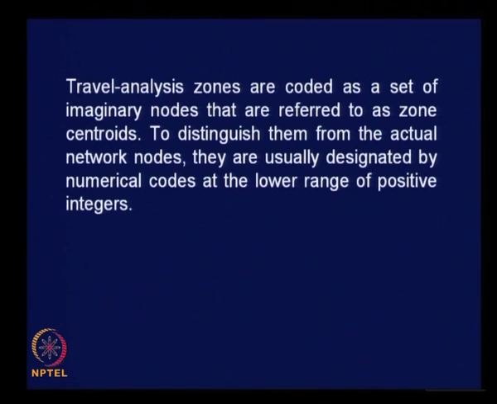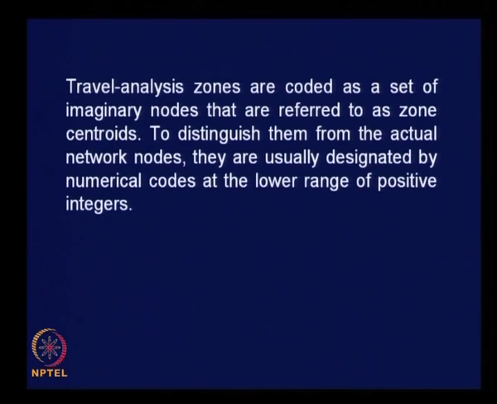And then travel analysis zones are coded as a set of imaginary nodes, as I pointed out in the previous class. The zone centroids are also considered as nodes and given node numbers, right, that are referred to as zone centroids.